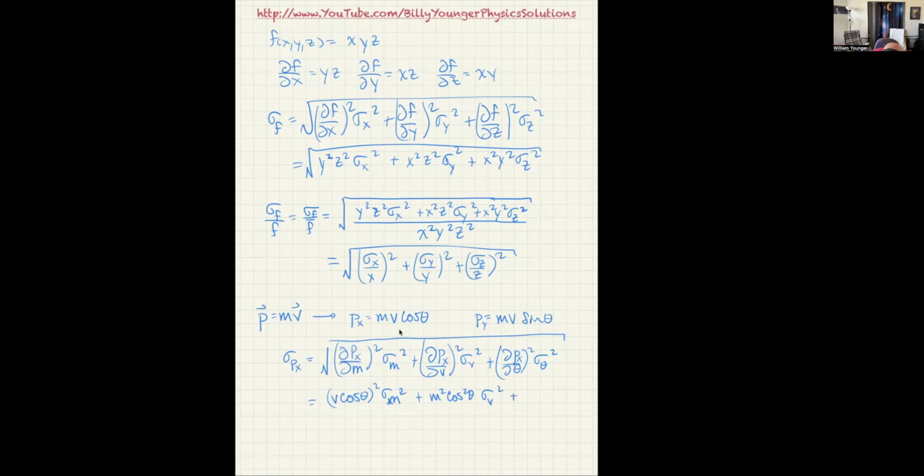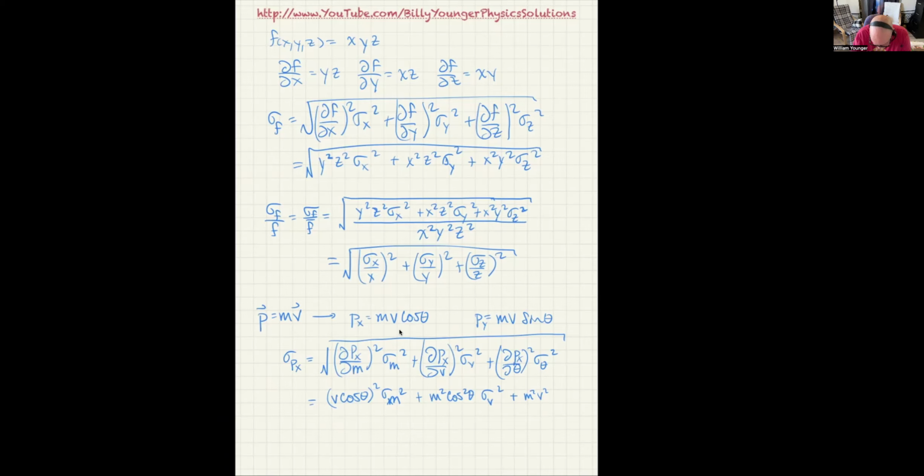And then the partial of px with respect to theta is equal to m squared v squared, and now I'm going to take the derivative of cosine theta with respect to theta, and that's going to give me, because it's just one variable, negative sine theta. And then I have to multiply it by the derivative of theta, but in this case, we're doing it with respect to theta.